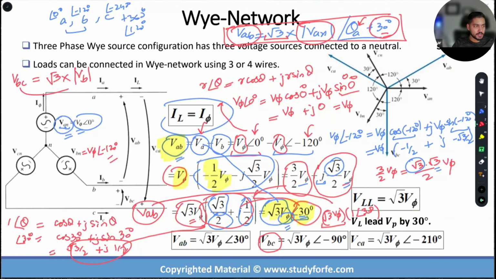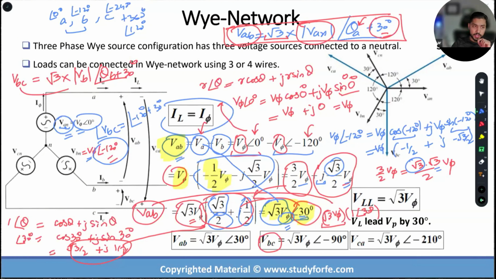Because that's the first phase that is appearing over here, with a phase angle that will be 30 degrees larger than the phase angle of phase B. So which means that VBC will actually have a phase angle equal to phase angle of VB, which is minus 120 plus 30 degrees.